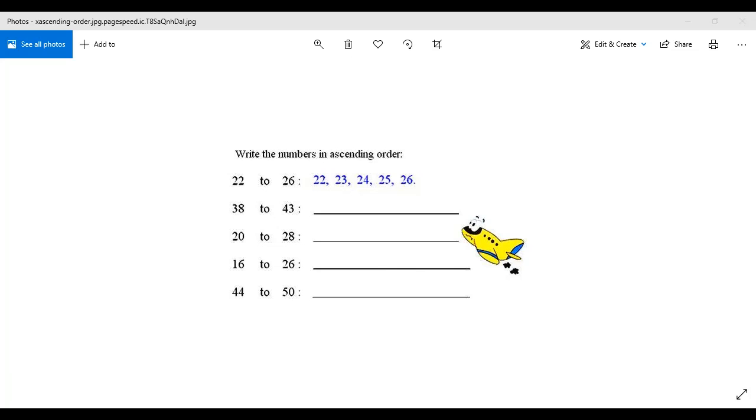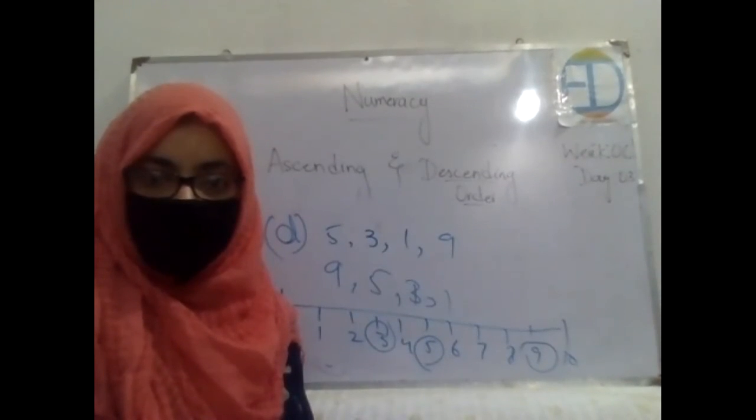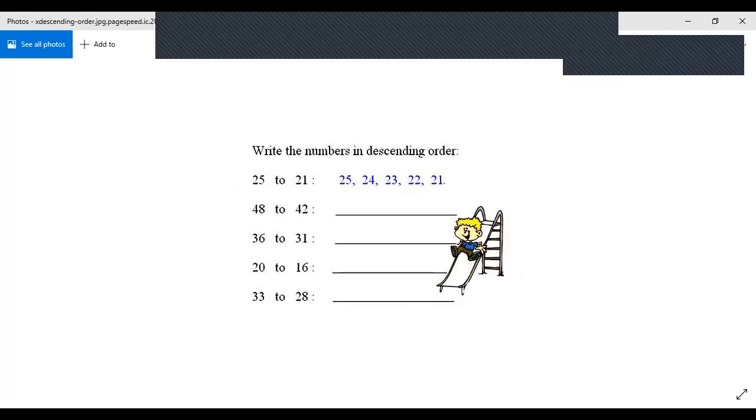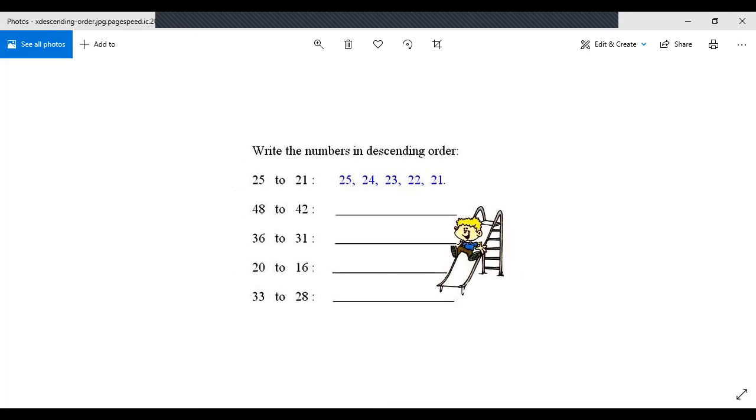Okay, I'm going to share the next one with you, which is a practice exercise for descending order, and this time Abdullah will answer me first. Yes, Abdullah, tell me the answer of the third one, that is from 36 to 31. How will you write them down? You will start from 36, excellent.